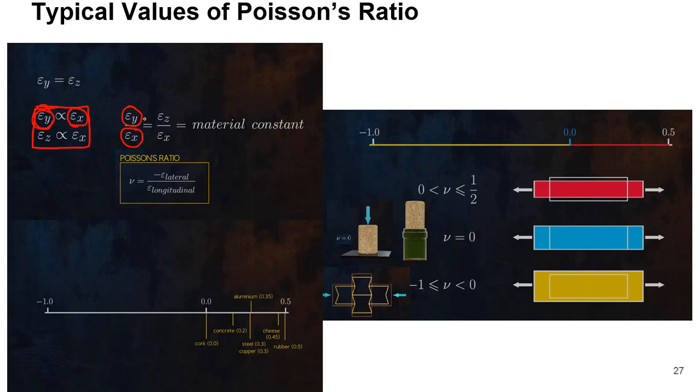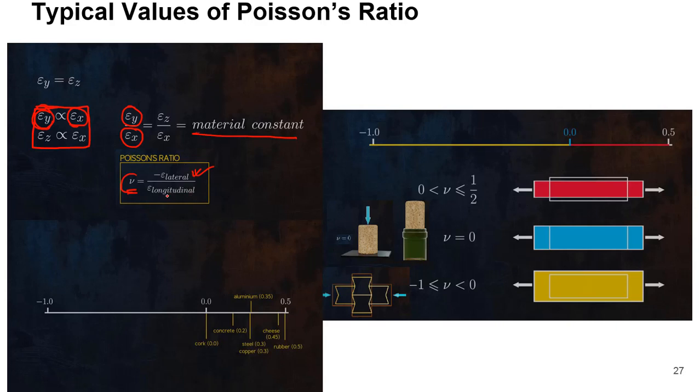If it is an isotropic material, epsilon z by epsilon x is also the same as epsilon y by epsilon x, and this ratio is a material constant called Poisson's ratio. So what is Poisson's ratio? It is the strain in the lateral direction divided by the strain in the longitudinal direction.